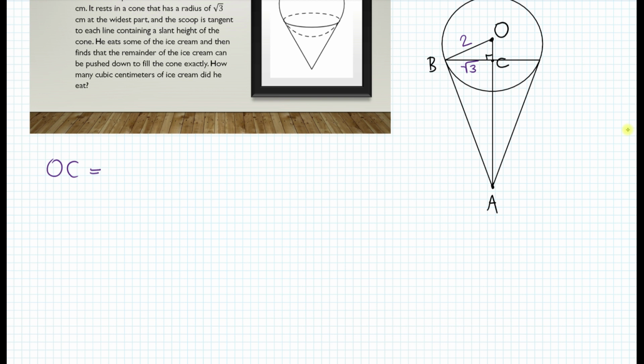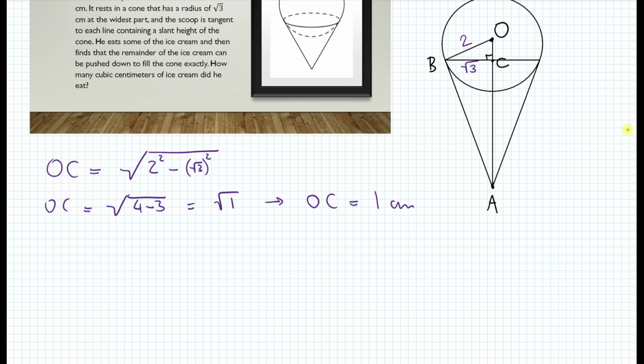So that means that OC is just the square root of 2 squared minus radical 3, everything squared. So OC is equal to the square root of 4 minus 3, which is equal to the square root of 1. And we obtain a length from O to C to be 1 centimeter. So let me label that in, 1 centimeter.